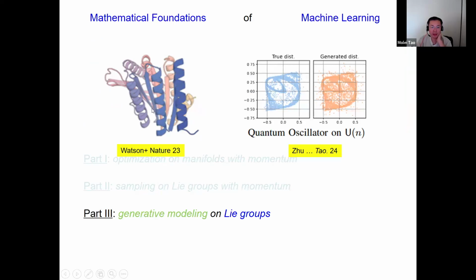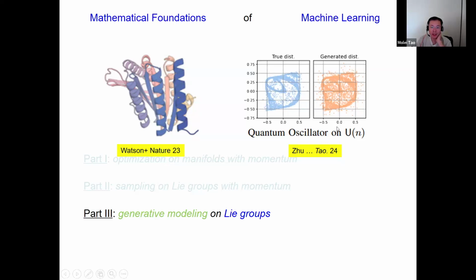This beautiful picture is taken from this great work, this Nature paper, which now is actually a Nobel Prize winning work, where they use diffusion models to generate the configurations of proteins so that people can do things like drug discovery, etc. But if you want to describe the configuration of a molecule, at least the common approach is to use angles, and angles are living on Lie groups. So this is why you want to do generative modeling on Lie groups.